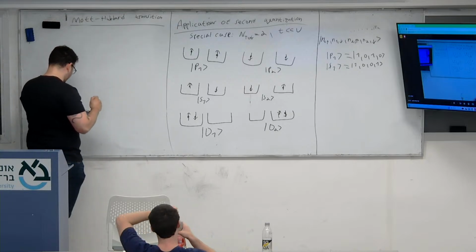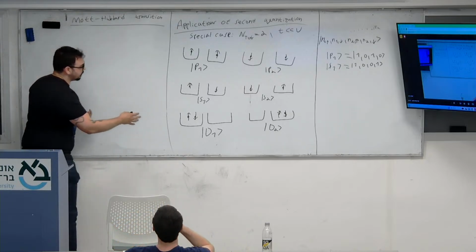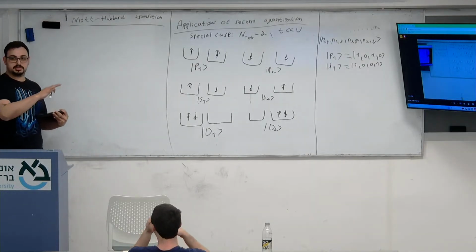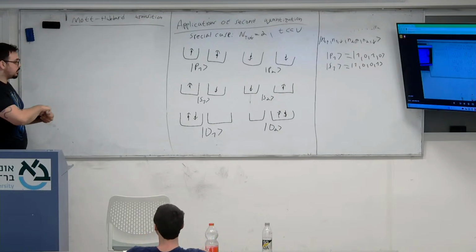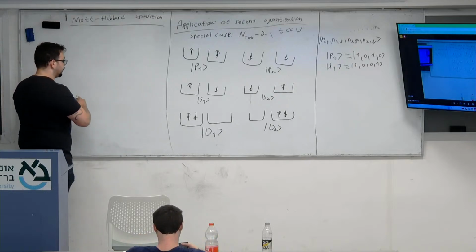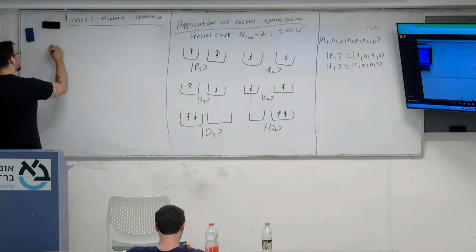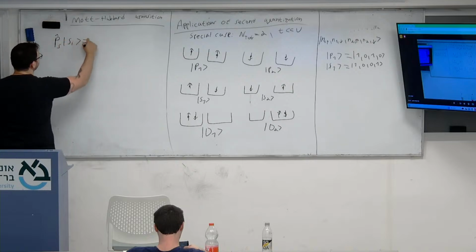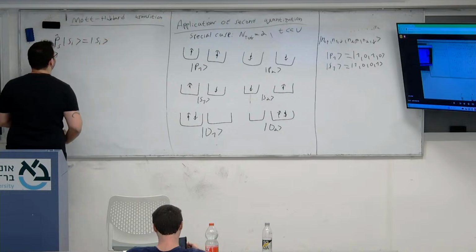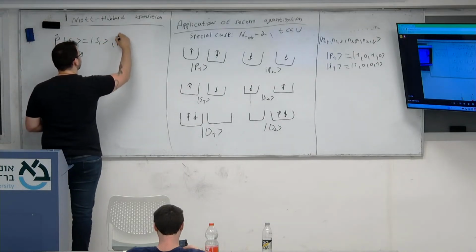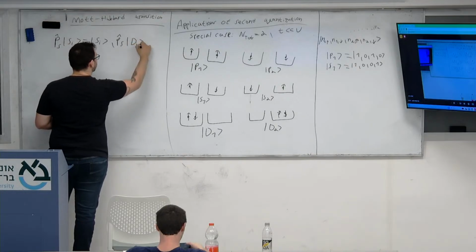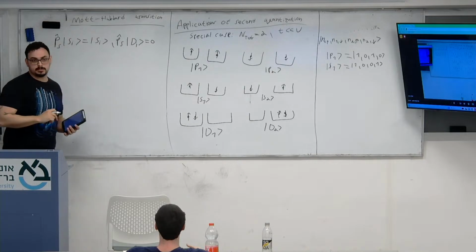Before we start, I said the final step would be projecting onto the S space. So before we do the entire process, let's talk about the projection operator. What's a projection operator for the S space? We'll call it P_S, and I want it to preserve the S states but block the D states.